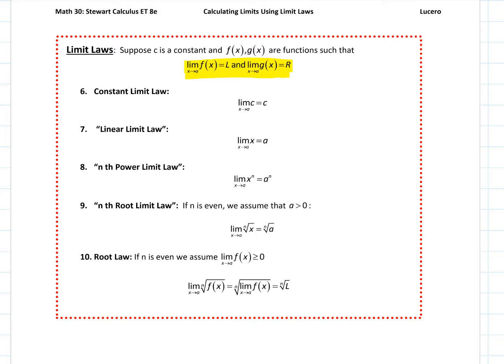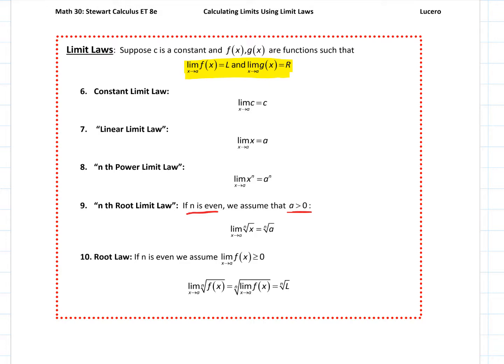The nth root law, again, we have to be a little bit careful with roots because of even roots. You have to assume that you have a positive argument for an even root. So there is some restriction on this law. If n is even, we will make the assumption that a is greater than 0. If n were odd, an odd root, it doesn't matter. So the limit of the nth root of x is just the nth root of a as x approaches a.